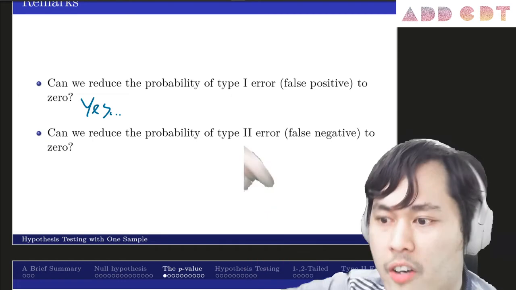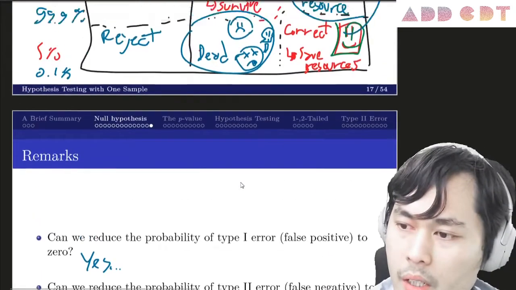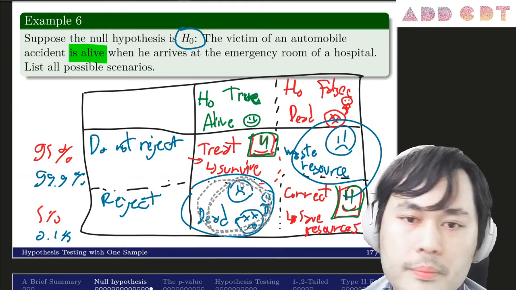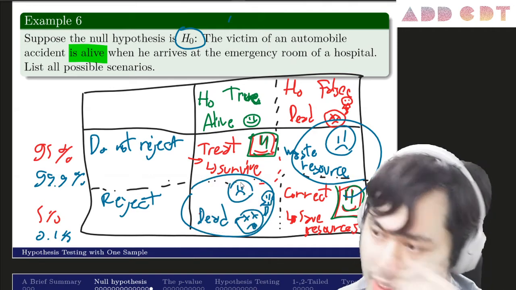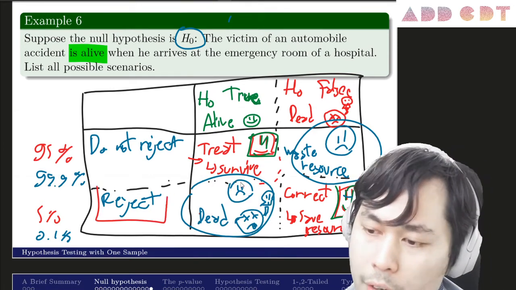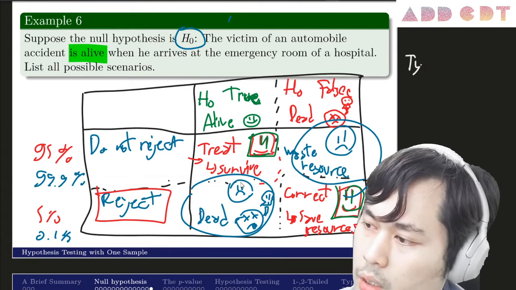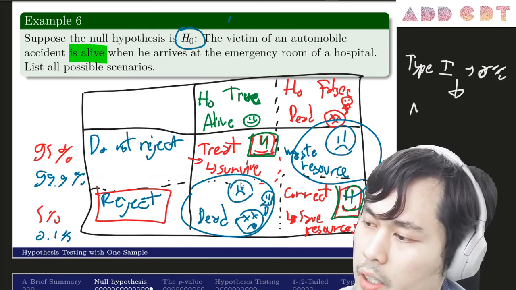We want the false positive case to be 0. So if we want this chance to be 0, that means we have to never reject. If the type 1 error chance is 0, that means we never reject.